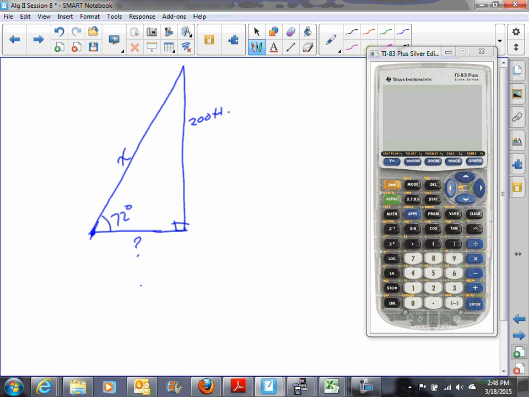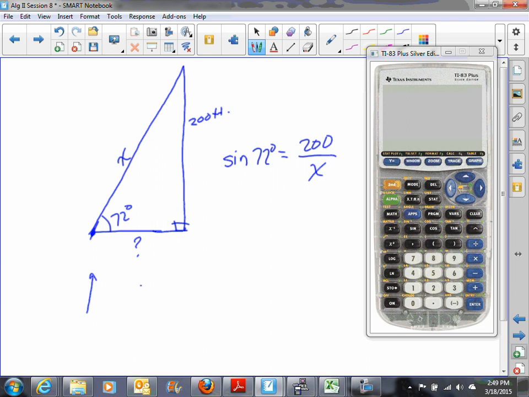If you look at this triangle, we've got the angle 72, and we have the opposite side, and we want to know the hypotenuse. Now, you're going to have to say which trigonometric function relates an angle with the opposite side and the hypotenuse. And you will say, it's the sine. So we know the sine of 72 degrees is going to be the opposite, 200, over the hypotenuse, which we've labeled as x.